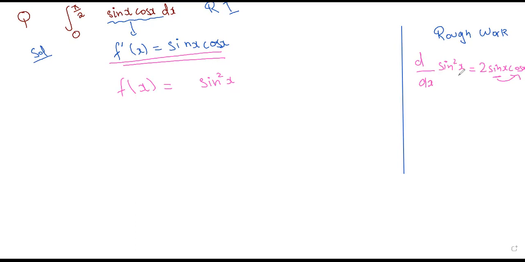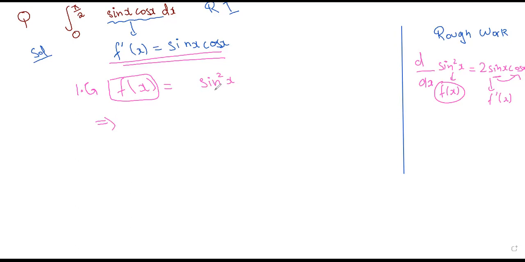So if sine square x is your f of x, this is the f dash of x. But in our case, the f dash of x is exactly the same, but there's no 2 here. So we need to modify our initial guess. And how are we going to modify it?